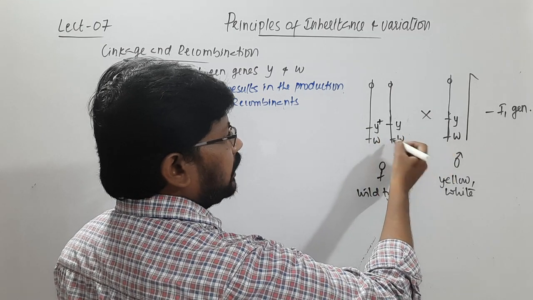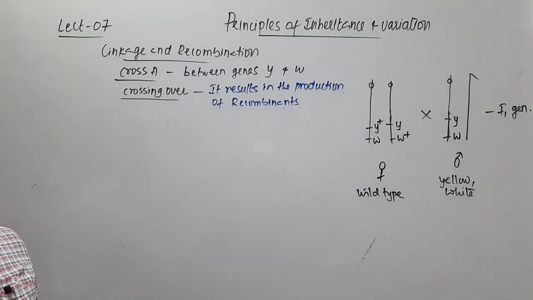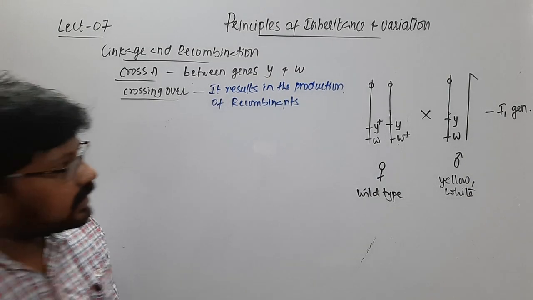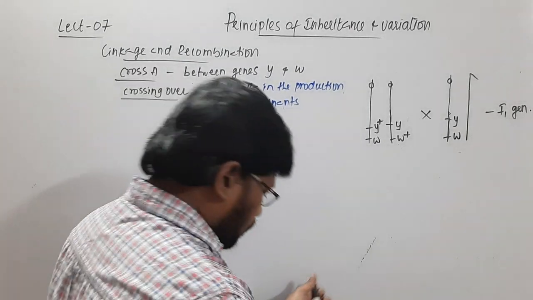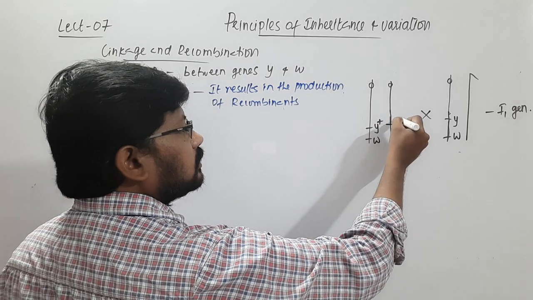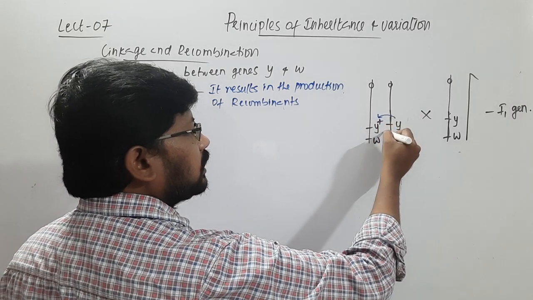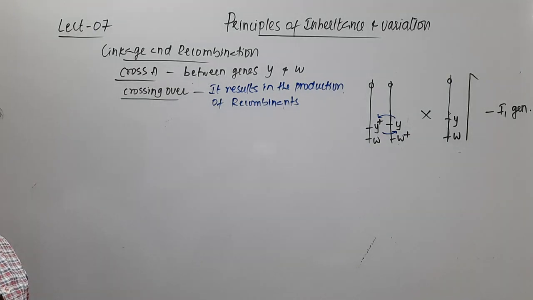So this is the crossing over which we have seen. This one has come up here and gone here. So that's with the crossing over.